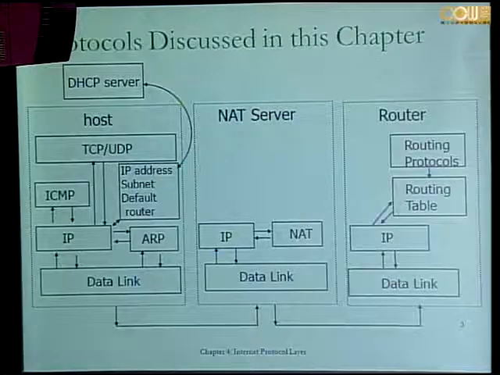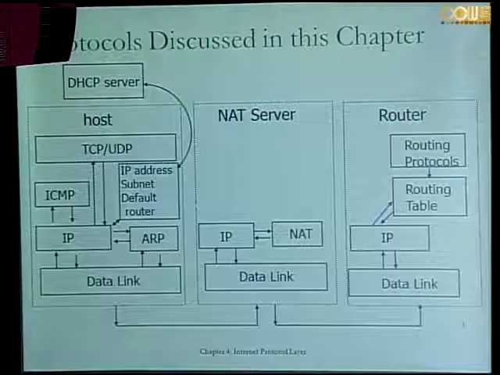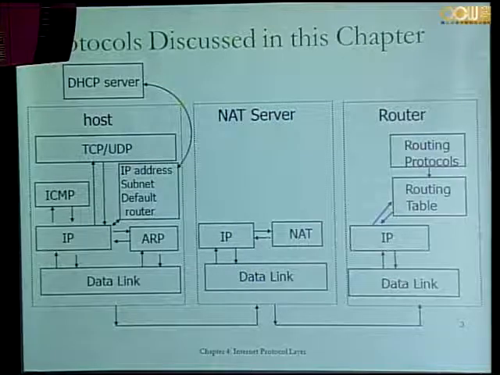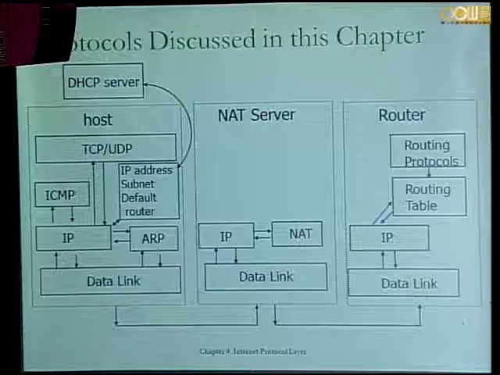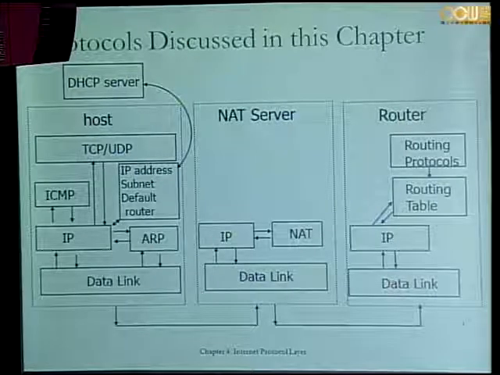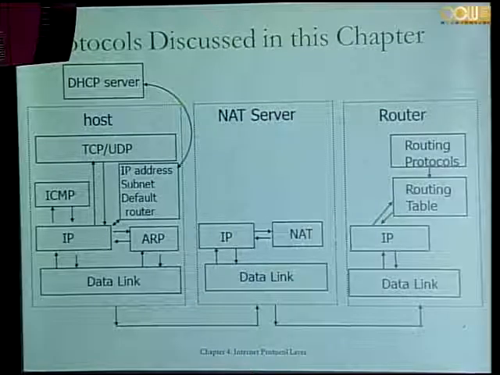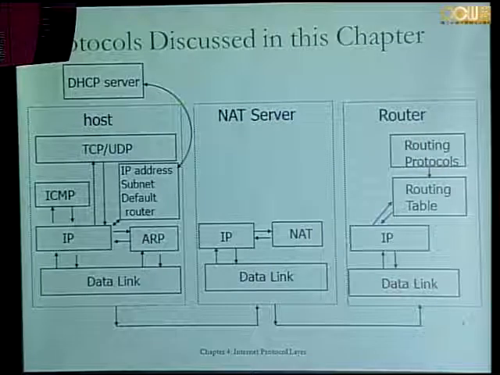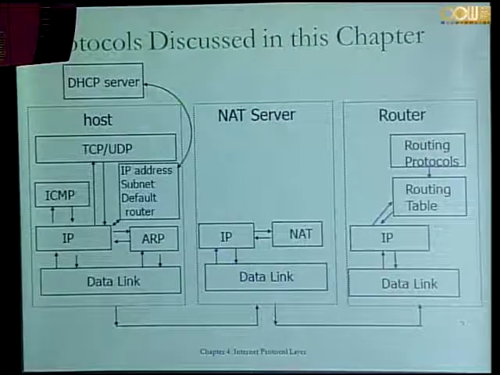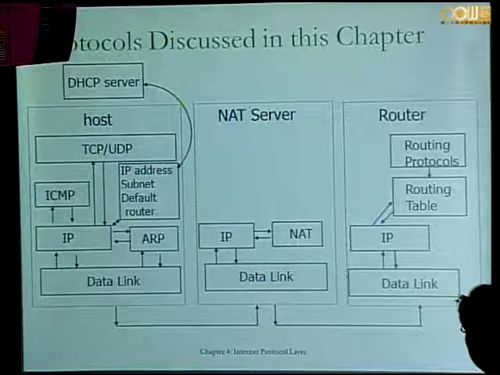Okay, here we put the protocols we will discuss in this chapter. Most, not every. Okay, so here you see on the left-hand side, there's a host machine, and it's connected to the internet through two things. One is a NAT server, NAT device, and then a router.